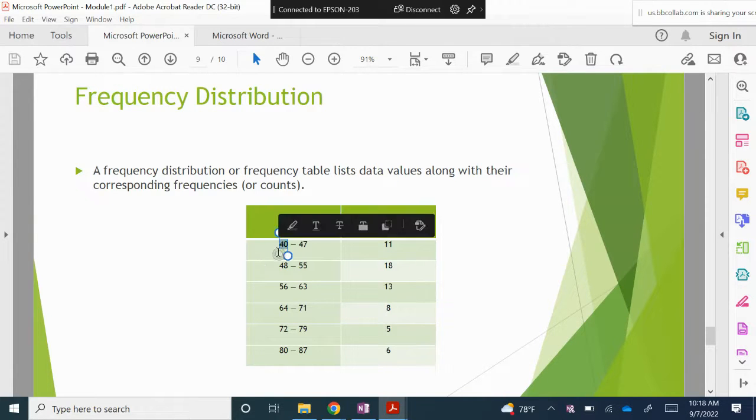Can you see that? 40 would be a lower class limit, 48, 56, 64, 72, and 80. Those are all lower class limits. The upper class limit for this first class would be 47. The upper limit for the second class is 55, and so on and so forth.